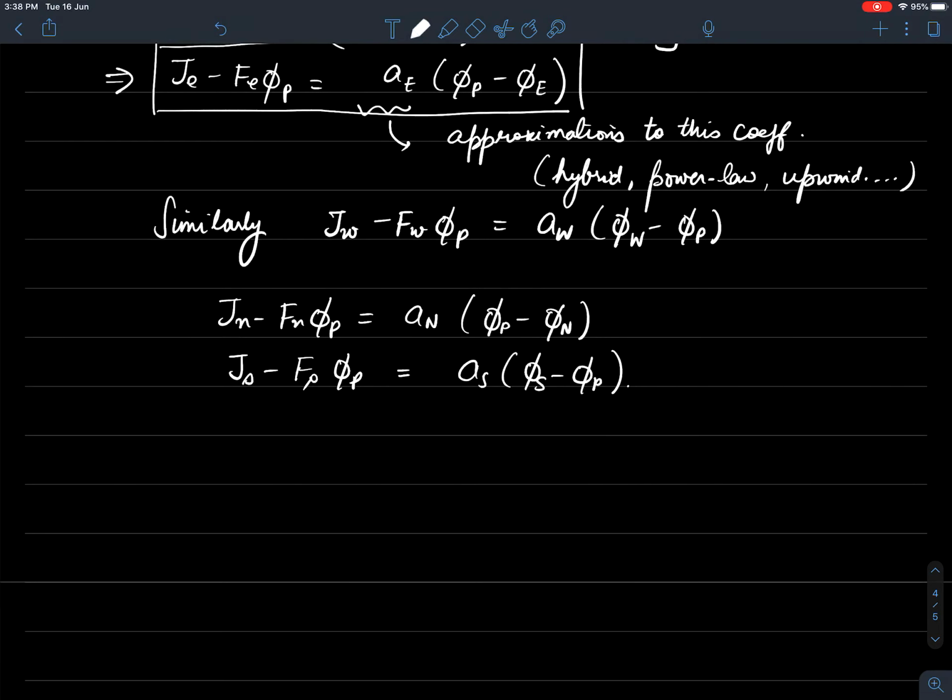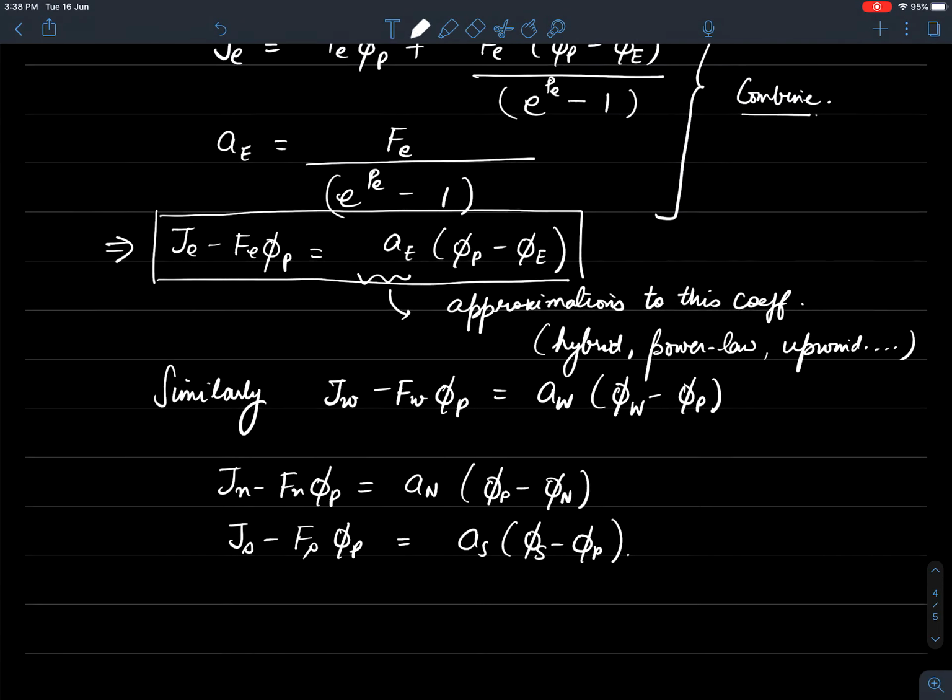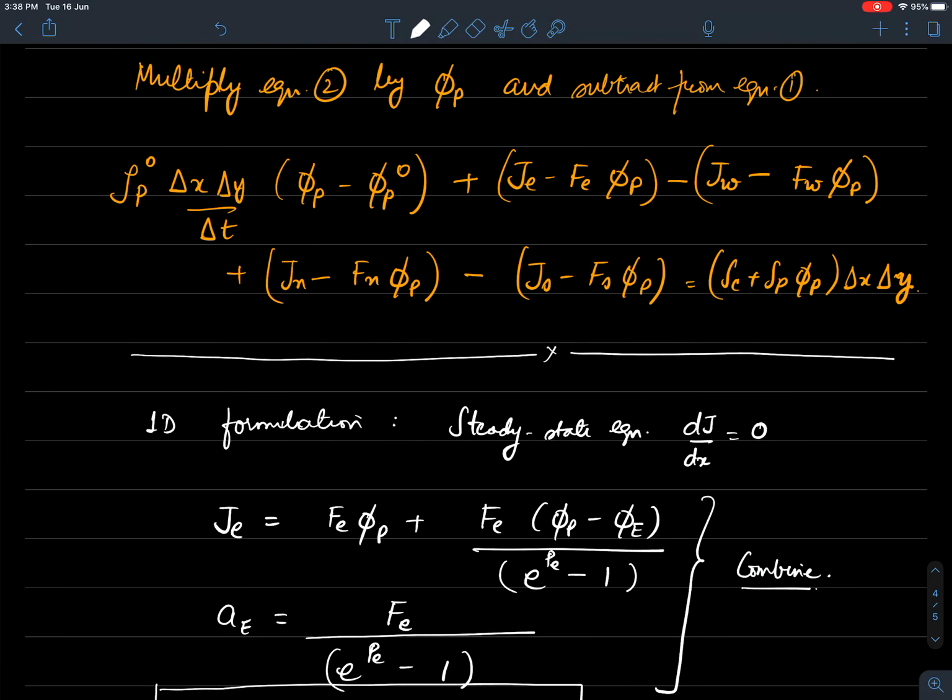Okay, so this was a 1D counterpart. Now the same logic I'm going to use in simplifying this equation, because I have these values which are still to be simplified.